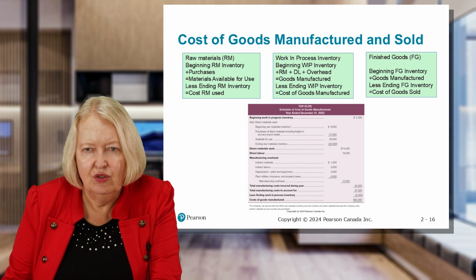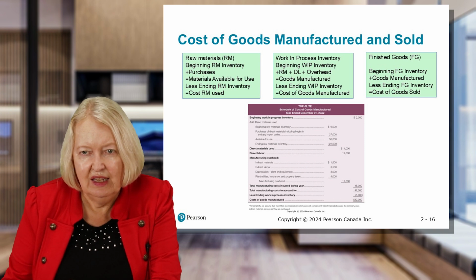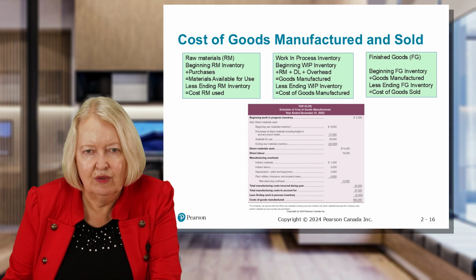To get to the final category, finished goods, it's the same idea. You start off with your beginning finished goods plus what you have manufactured, which is your cost of goods manufactured that you calculated there, less your ending finished goods inventory, and that will give you the cost of goods sold. So to get to that cost of goods sold, you have to do the raw materials first, figure out how much you used.